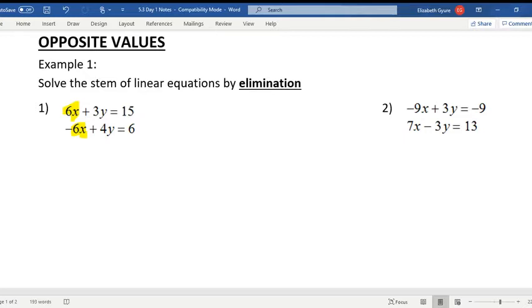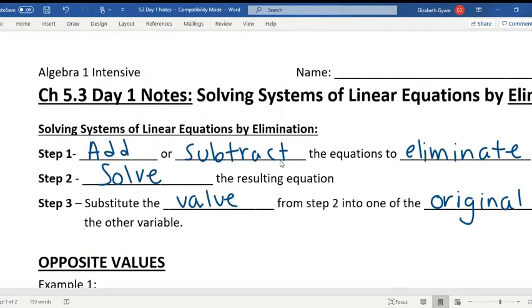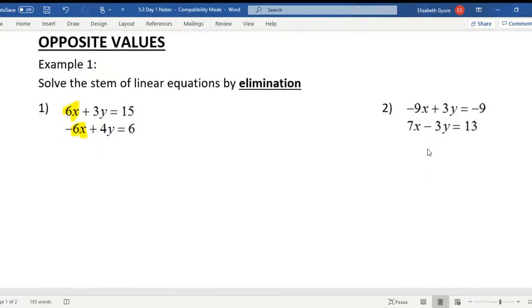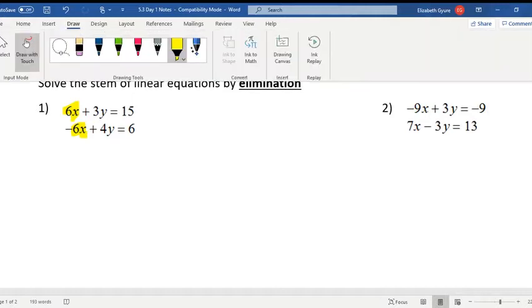Now step 2 is actually eliminating it. What you do with that is add or subtract the equations. Typically we try to add because subtracting is a pain. You guys remember way back in the day when you had to add numbers vertically?